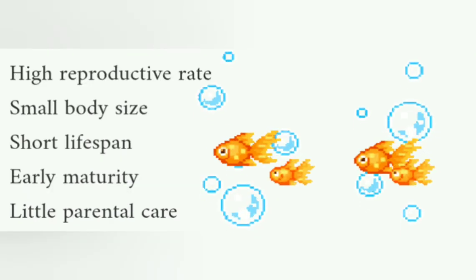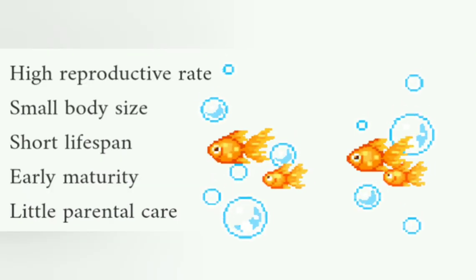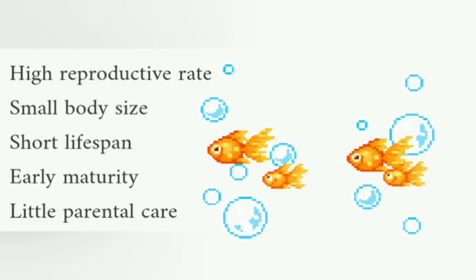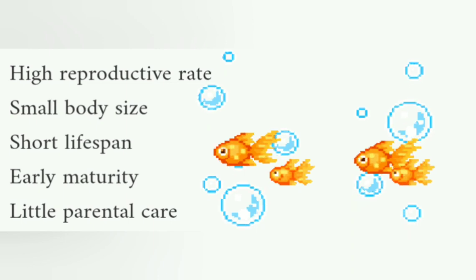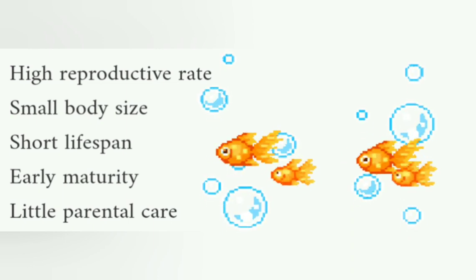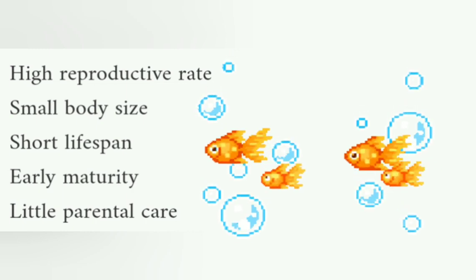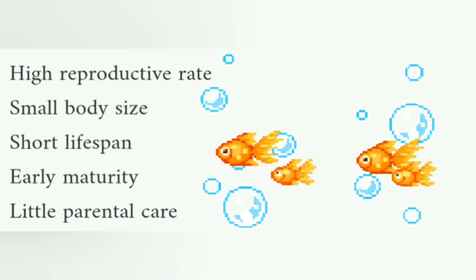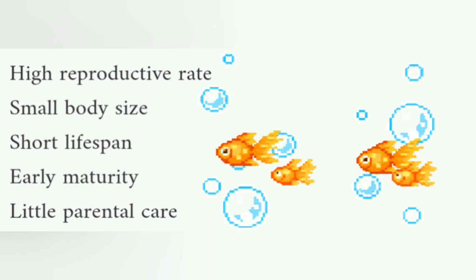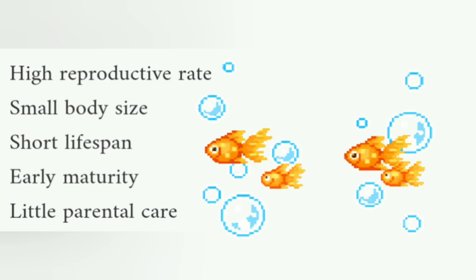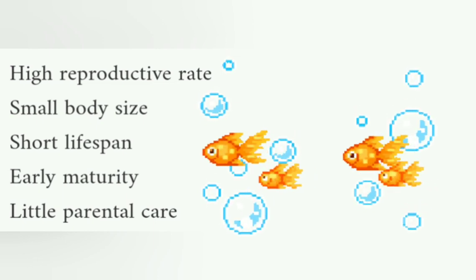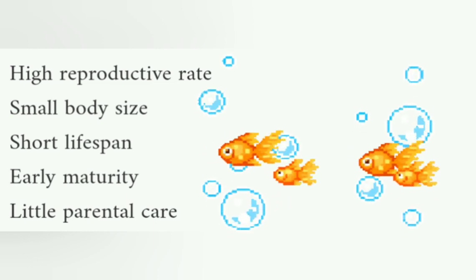Now we'll talk about the specific characteristics of these R selected species. They have high reproductive rate. That means they reproduce fast, and they reproduce more individuals at a time. That means the litter size is also pretty big.